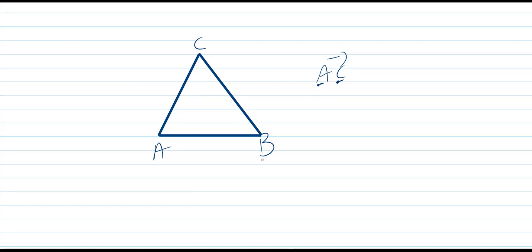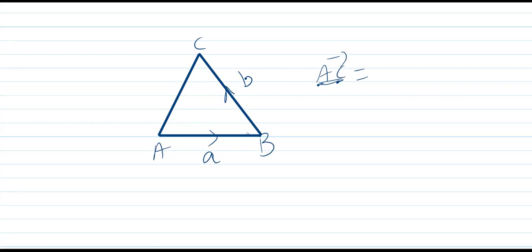So if it is a closed path and you have to find this one, for example, let's say this one is A and this one is B. It's given like that. So how would you do it? For finding AC, there are two ways to reach from A to C. One is the direct way, one is the indirect way, like A to B, then B to C. Don't go the direct way because it will not help you.